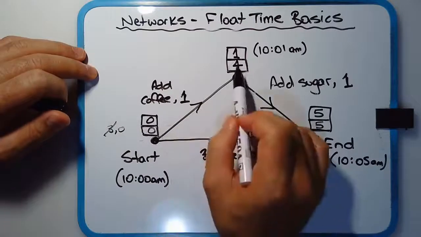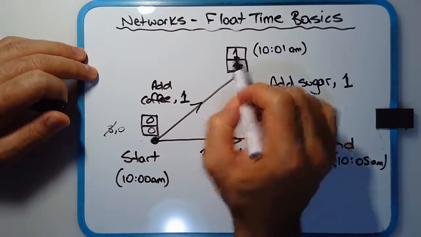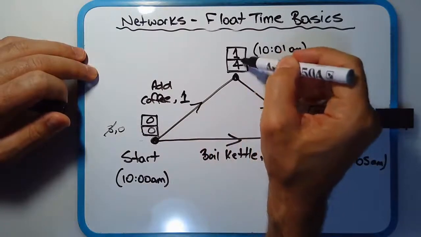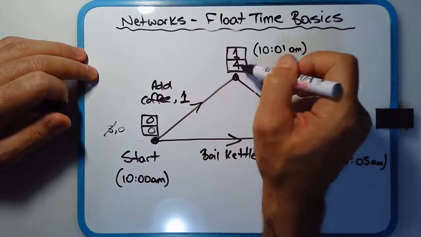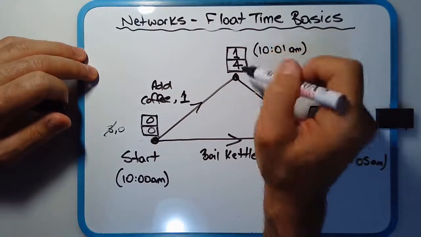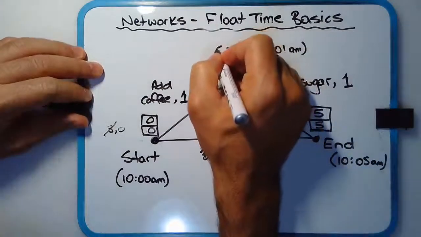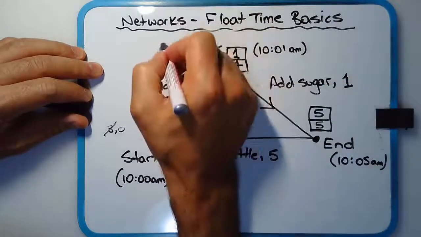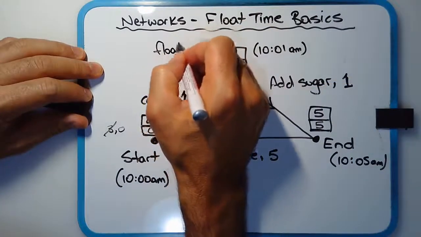By working out the difference between the bottom box of the domino and the top box, that gives you the float time. So in this case, float time here is 3 minutes.